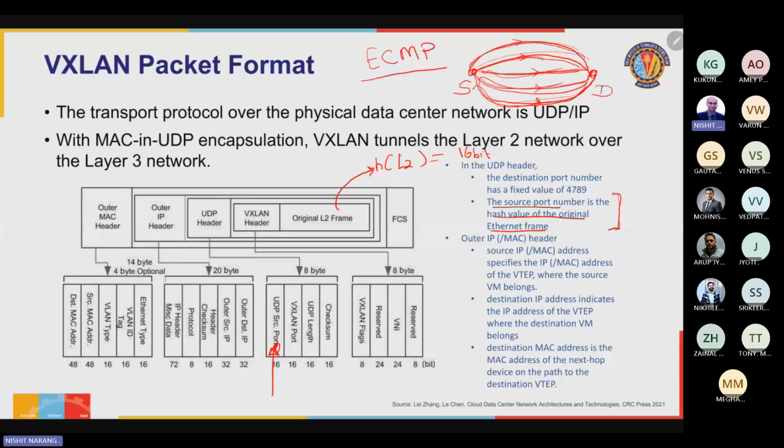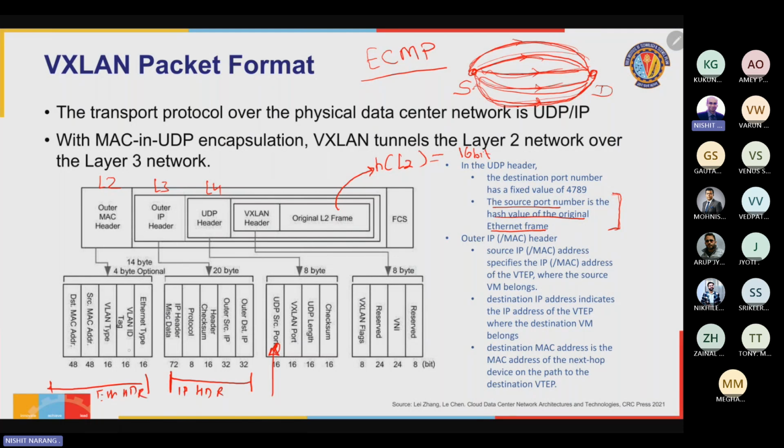Right. So now that I've encapsulated it into a UDP header, what is the next step? UDP is a layer 4 protocol. So the next step is layer 3, the next step is layer 2, and then it goes over the physical wire. So next will be an IP packet, an IP header that will be put in. And lastly, there'll be an Ethernet header that will be put in.